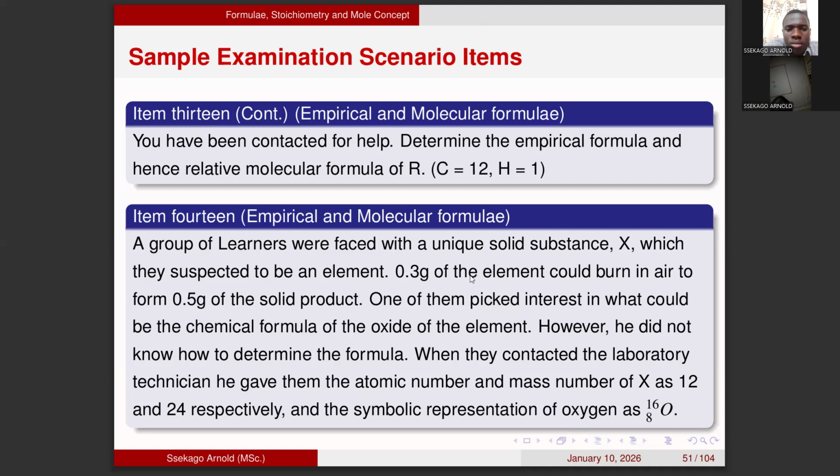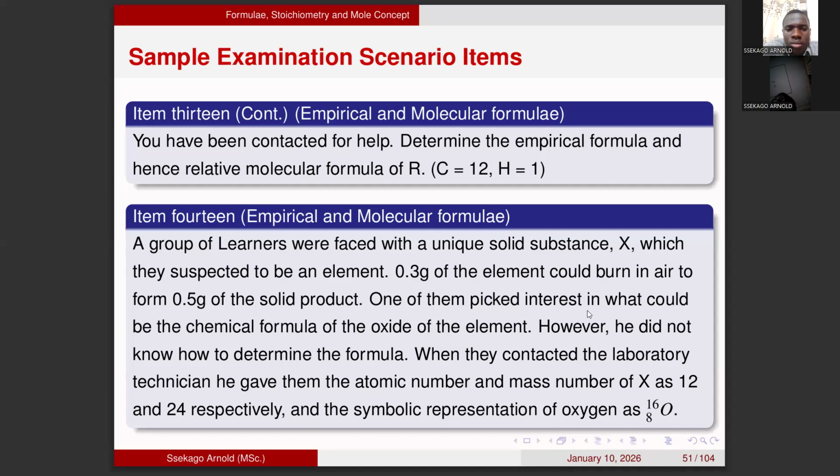So they have X which they suspected to be an element. 0.3 grams of the element could burn in air to form 0.5 grams of solid product.